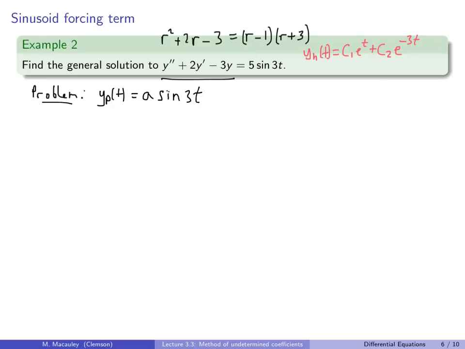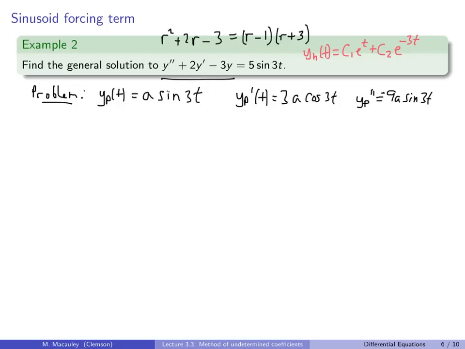However, think about what happens if you do this. If you plug this thing back into the left-hand side and you take a derivative, what happens? Yp prime of t equals 3a cosine of 3t, and yp double prime equals 9a sine of 3t. Oh, and there should be a negative right there, negative 9a.